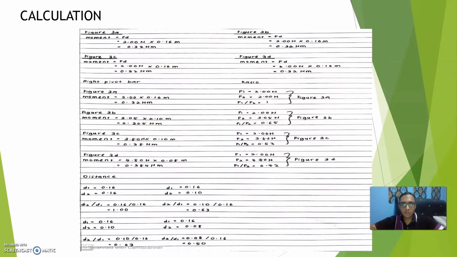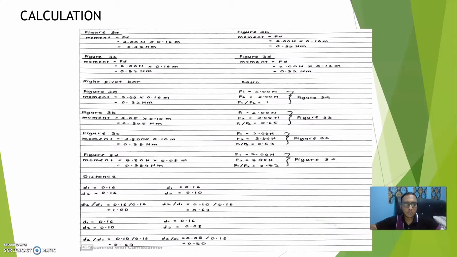Then when we look into the calculation of this experiment, the formula of moment, which is force times distance, has been used to obtain the moments. The formula has been used to obtain moments for figure 3a, 3b, 3c, and also 3d. Moments were also calculated for the right pivot bar and left pivot bar.